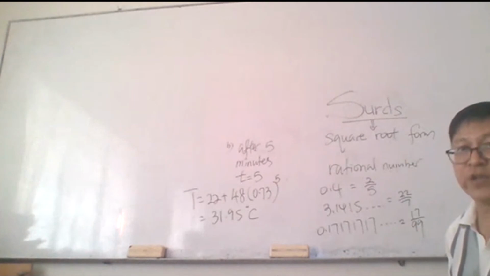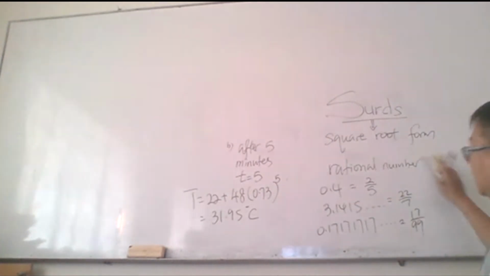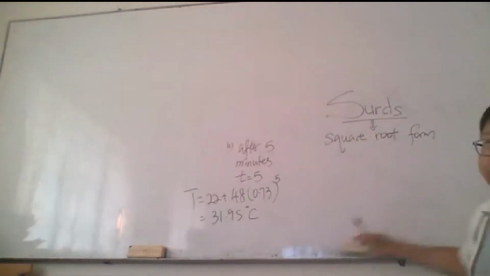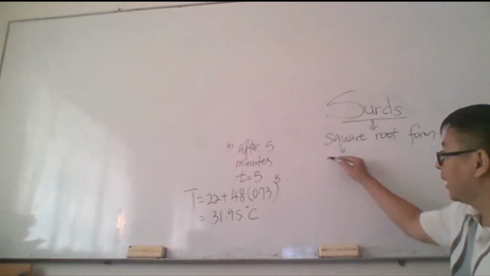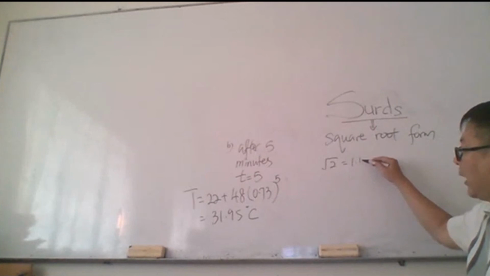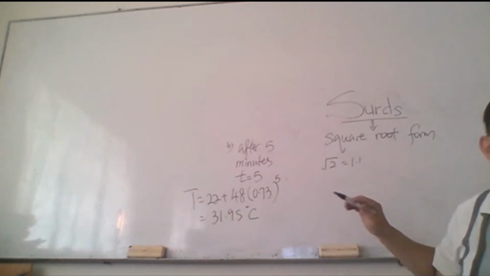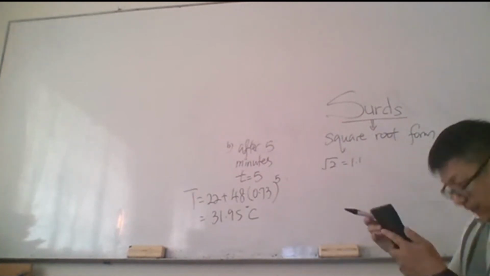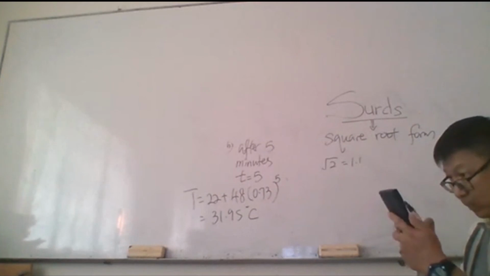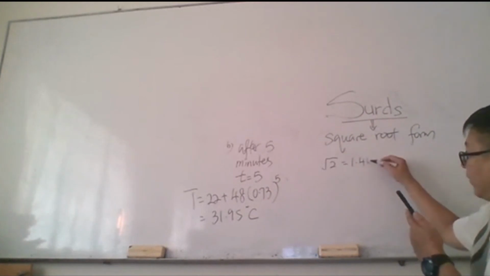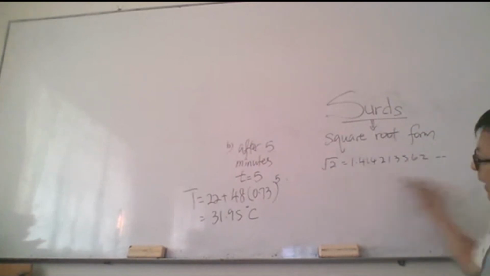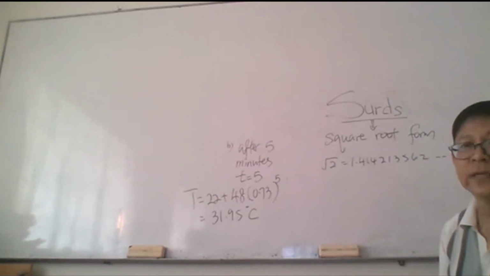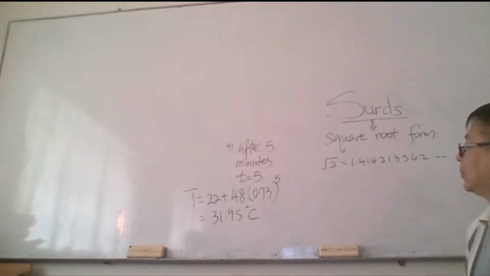But what is called an irrational number? Irrational numbers are those numbers we cannot express in fraction form. Like the square root of 2 is 1.4142135562. No matter how, you cannot express this in fraction form.